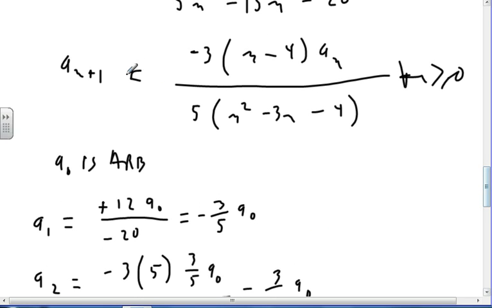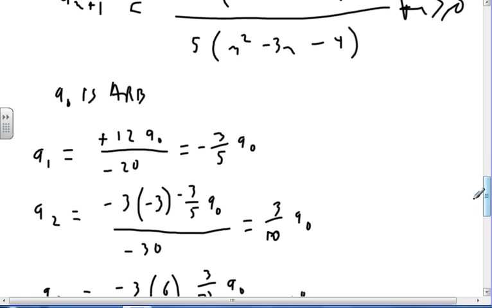When n is 1, this is going to be minus 3 times minus 3. Okay, so this is going to be a minus 3. This is minus 3/5. And I'm still going to have minus 30 on the bottom. So minus 3 times minus 3 times minus 3/5 divided by minus 30.